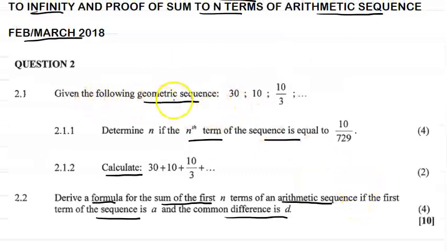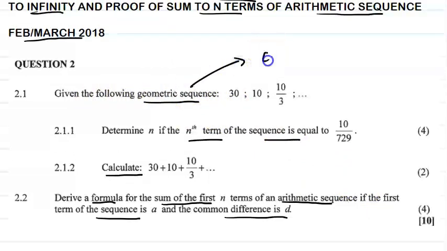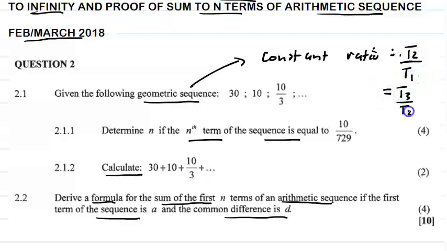First of all, in a geometric sequence, remember that we are going to have a constant ratio. Therefore, T2 divided by T1 is going to equal T3 divided by T2 and so on.